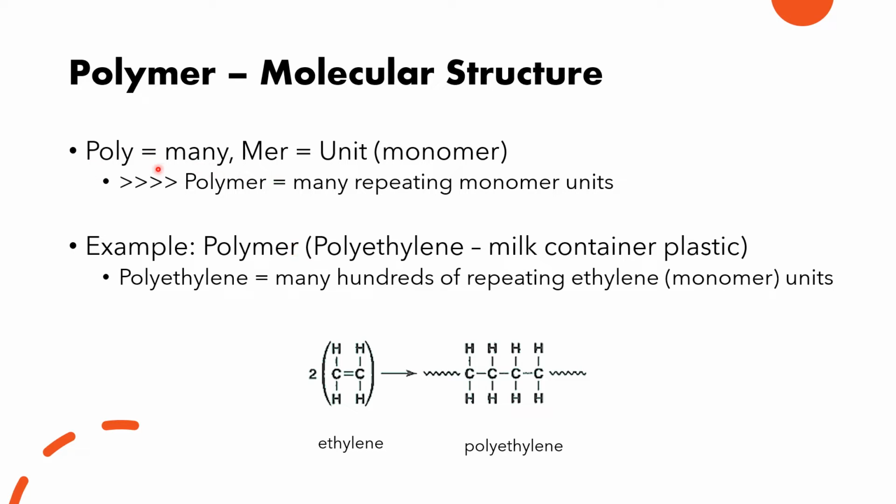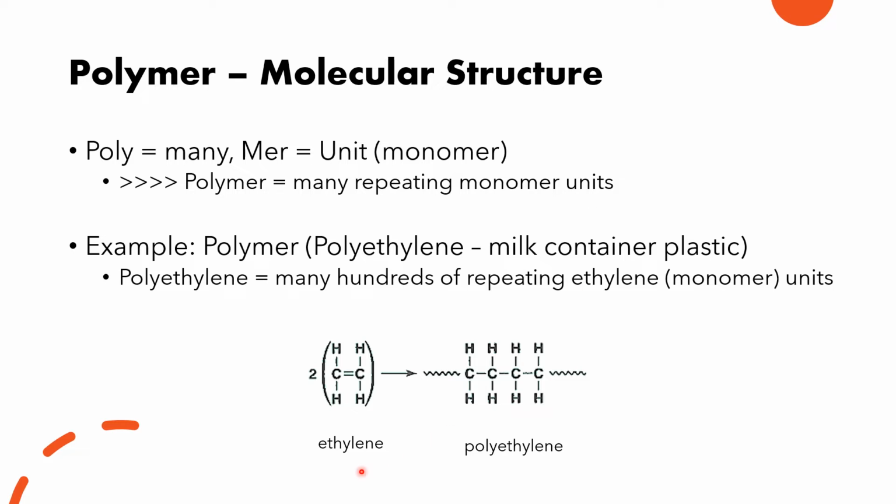Poly means many, mer means unit, and mer means a monomer, okay? So polymer means we're connecting so many monomers in particular bonds. So polymer: many repeating monomer units.